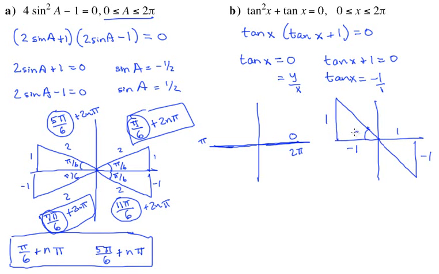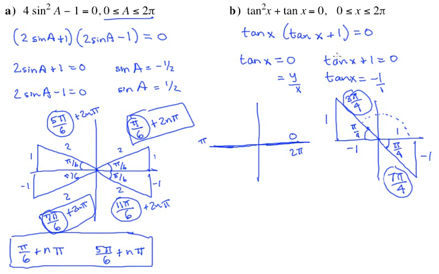You'll recognize these as, I started to write 45 degrees, but what we want actually is pi by 4 radians. So our actual solutions are 3 pi by 4 in the top left, and down here is 7 pi by 4 in the bottom right quadrant. Those are the two solutions from 0 to 2 pi.